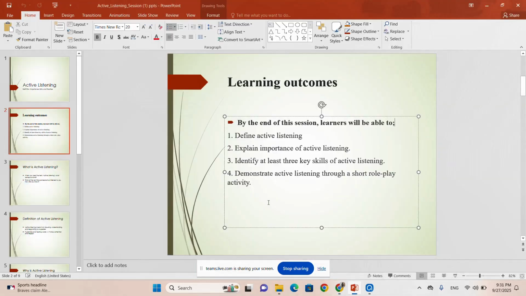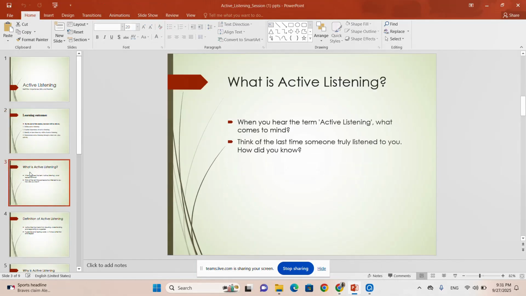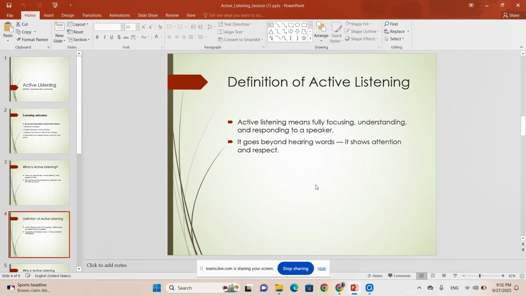Active listening means fully focusing, understanding, and responding to a speaker. It goes beyond hearing words. It shows attention and respect. When you practice active listening, those people who are speaking will always feel valued.